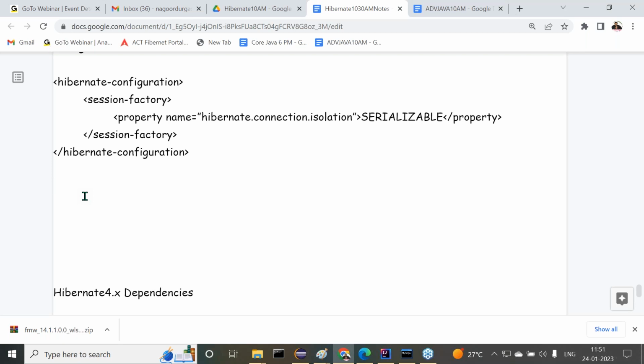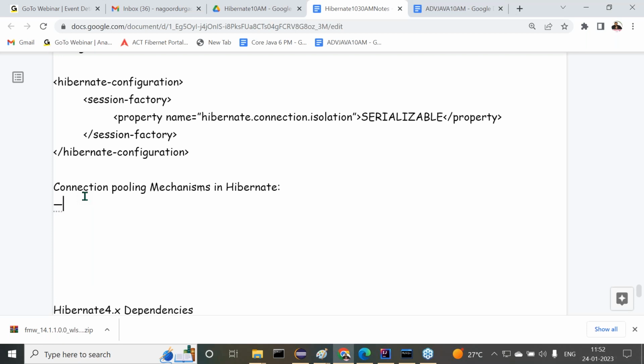No, we have not discussed connection pooling mechanisms yet, so I'll discuss them. Once we complete connection pooling, we'll start some other content. The next topic is connection pooling mechanisms in Hibernate. I'll discuss this topic tomorrow. Thank you guys, thanks a lot. I'll meet you tomorrow, and we'll see the remaining content.